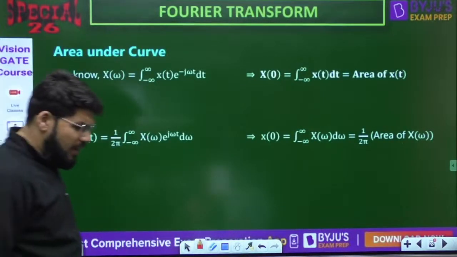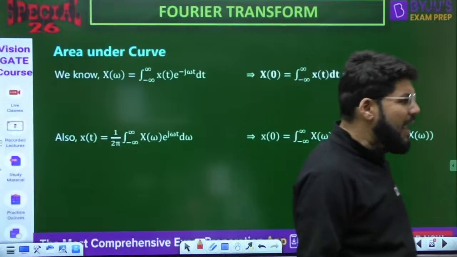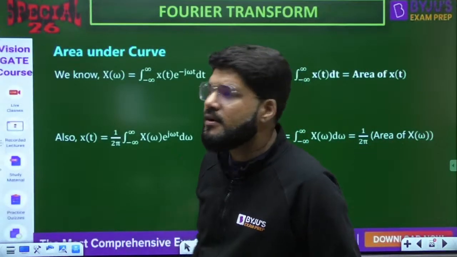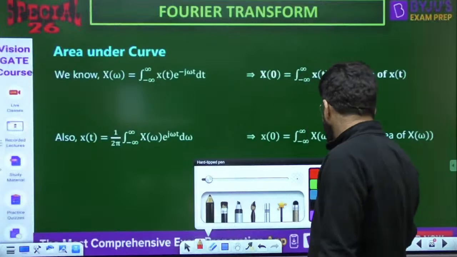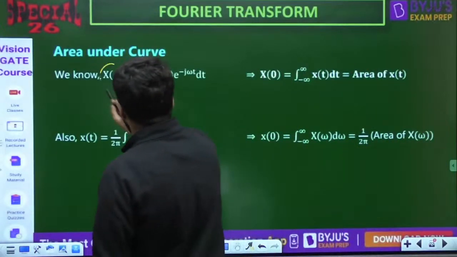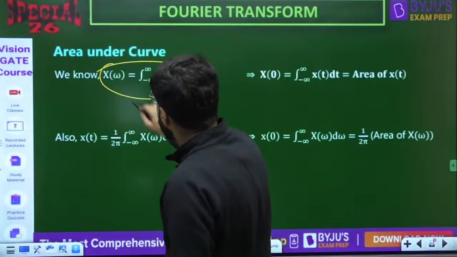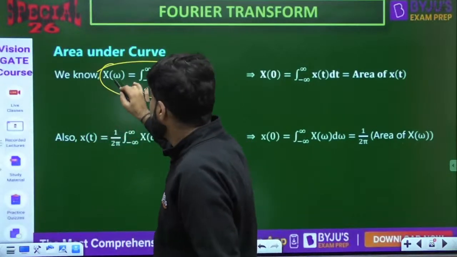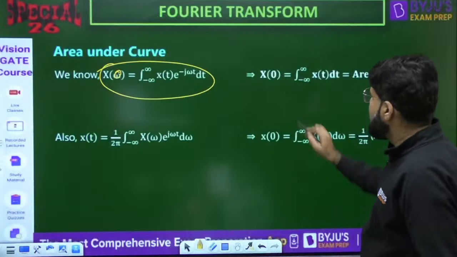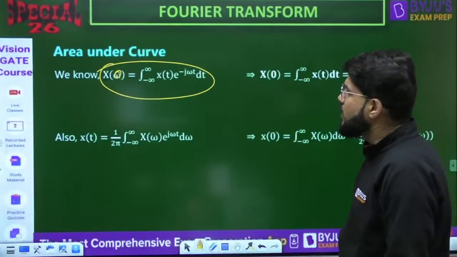Now, other than properties, there can be applications expected from this chapter, like area under the curve. This is the basic Fourier transform formula. When you take the DC value, omega equal to 0, that is X of 0, what do you get here?